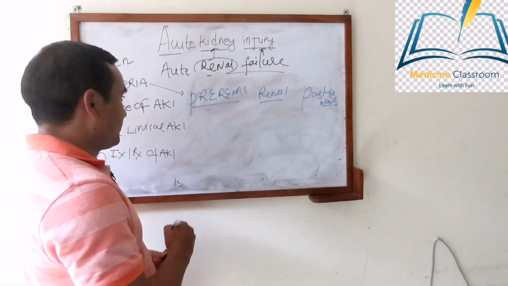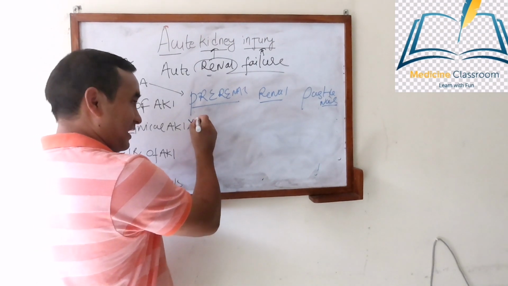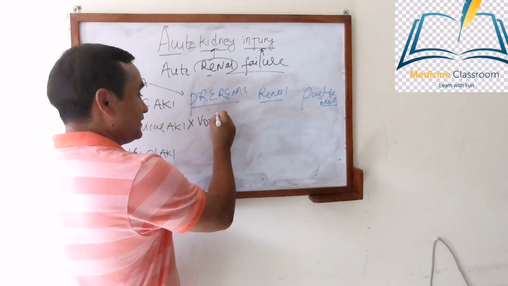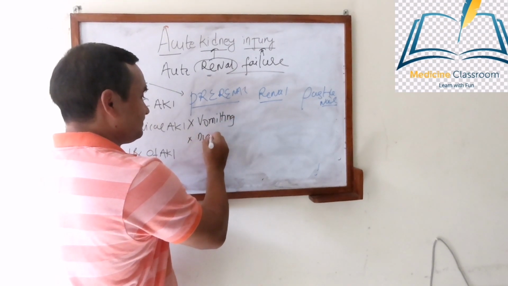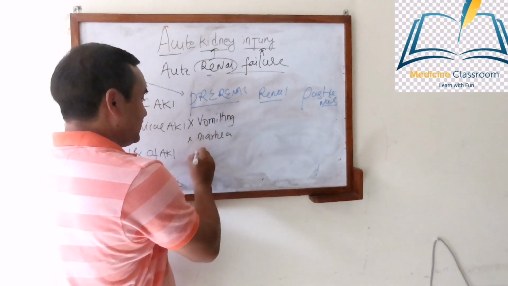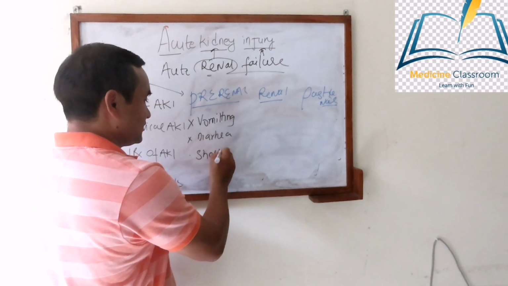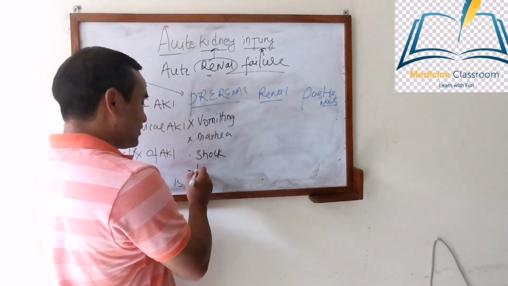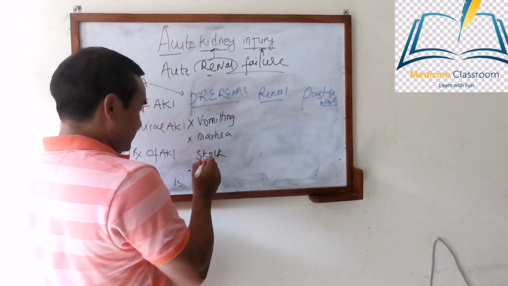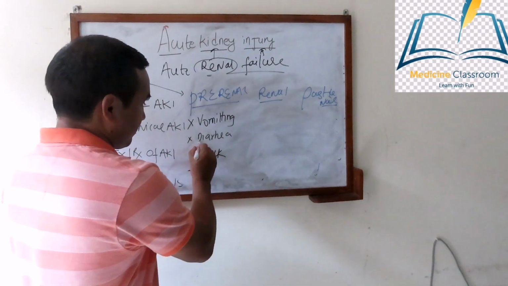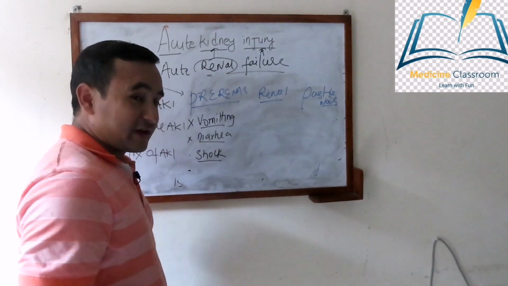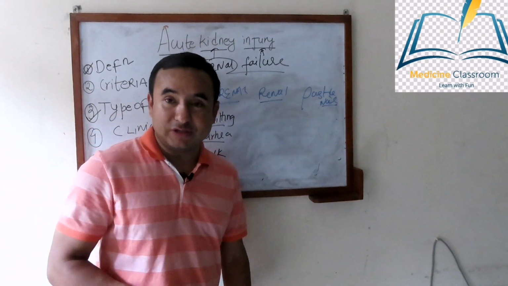So some of the causes of the pre-renal AKI are vomiting, diarrhea, and the shock state, especially different types of shock. Though shock can cause even the renal kidney injury.